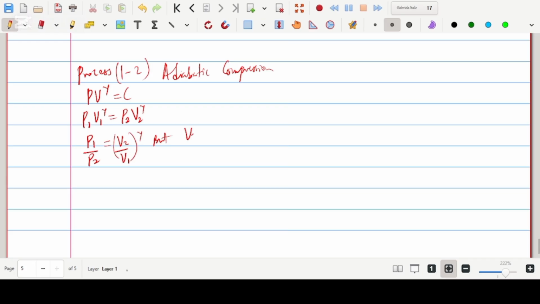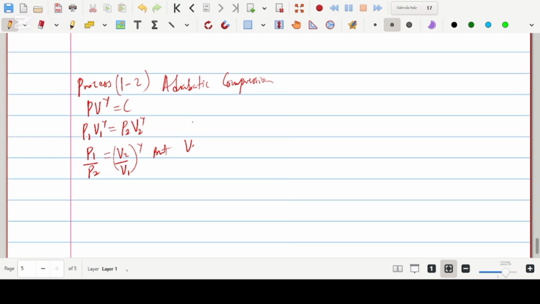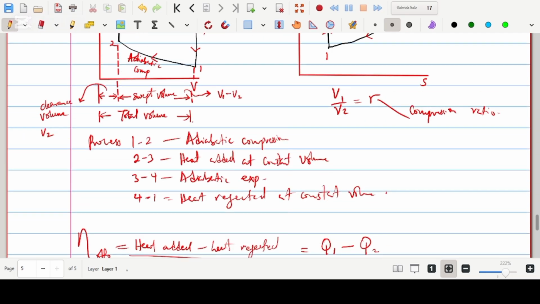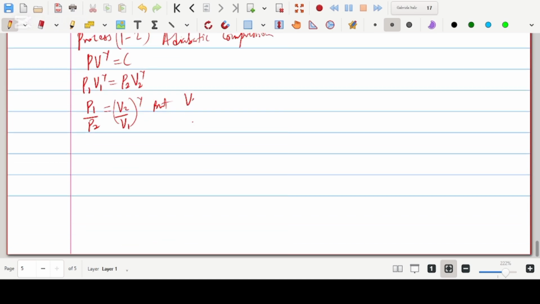But I told you that the compression ratio is V1 over V2, so V1 over V2 equals R. Meaning we are going to reverse this, then P2 over P1 is equals to (V1 over V2) raised to gamma. Gamma is the adiabatic constant, so this equals R raised to gamma. Is that taken? Don't forget this formula.